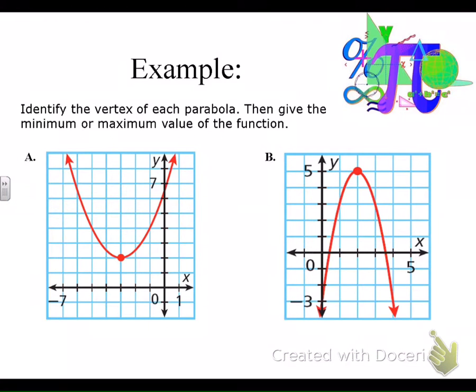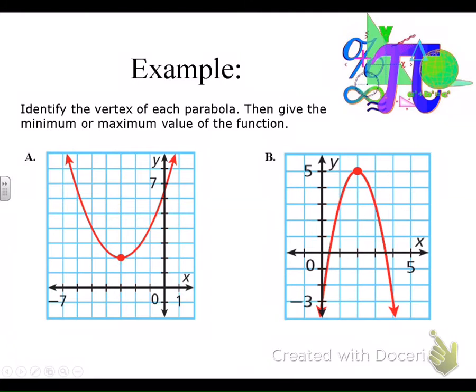So, for example, identify the vertex of each parabola, then give the minimum or maximum value of the function. I'd like for you to pause the video and try this on your own. So to identify the vertex, you can clearly see the vertex is over here at -3, +2. Then it says to give the minimum or the maximum.